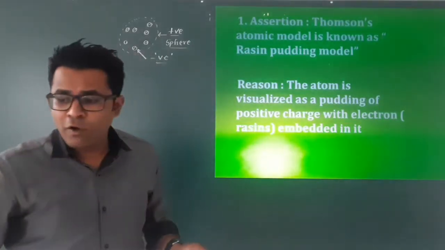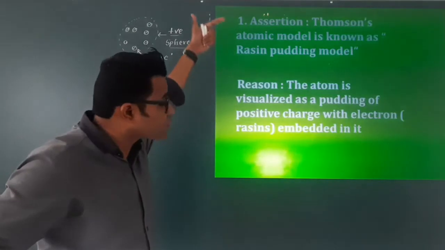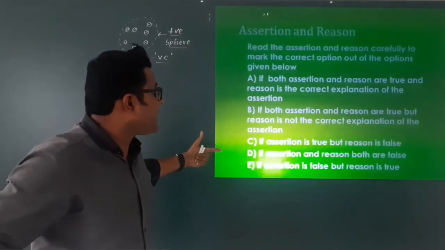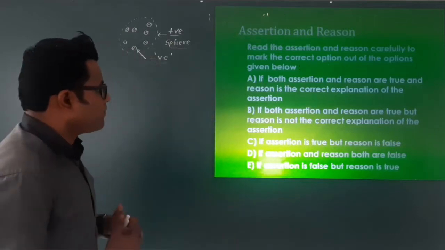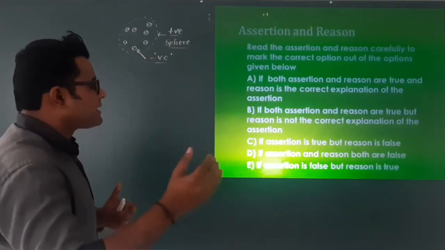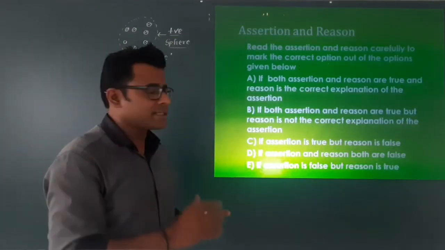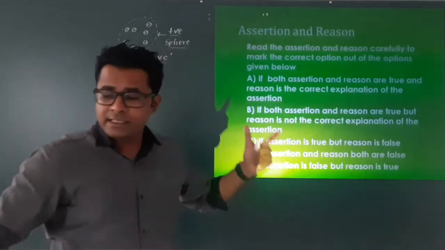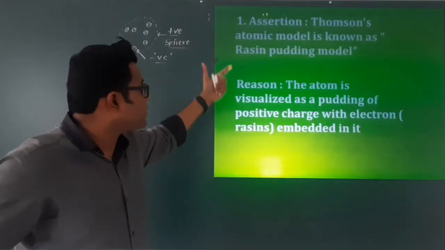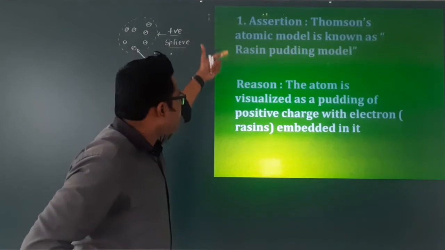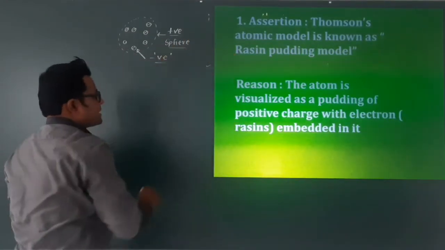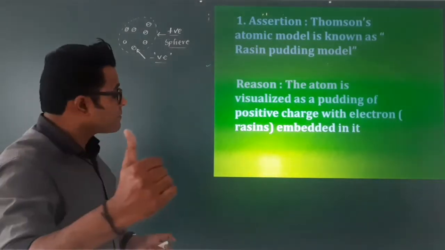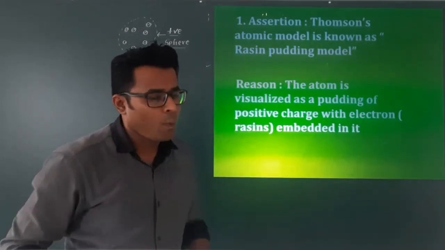So, if you go for those particular options given, what we have, A, if both assertion and reason are true, and the reason is a correct explanation for the assertion. Yes, in this particular question, we have option A. So option A for the question number 1.